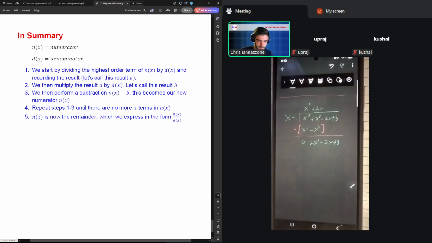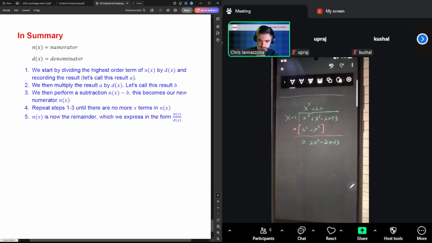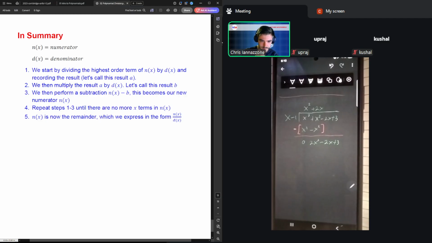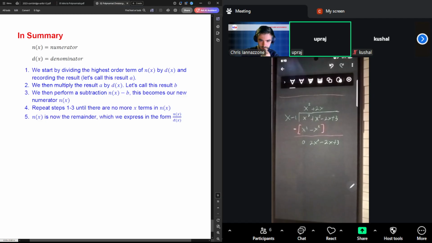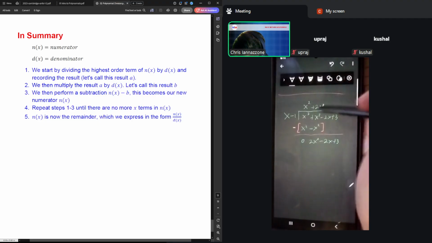Nice. What else? Multiply 2x with x minus 1 and then subtract. Yep, that's good. So whatever the result is, we don't grab the whole thing.